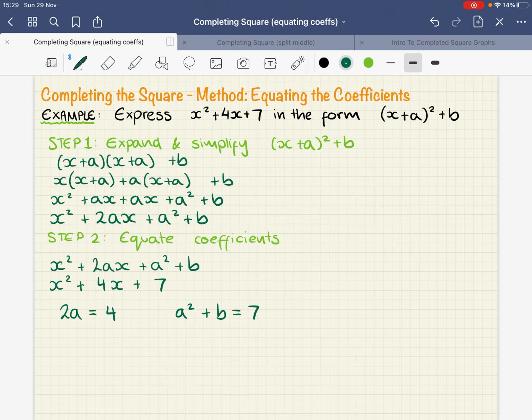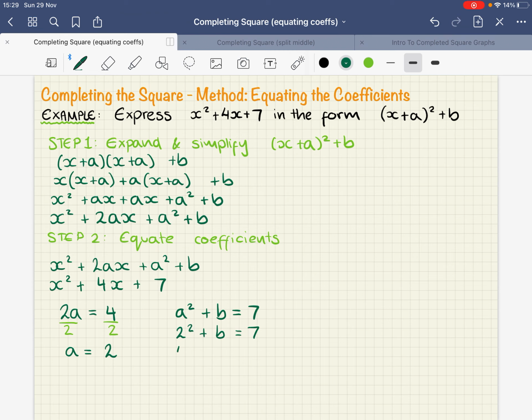Now that a squared plus b equals 7, I don't know what a is currently, I don't know what b is currently, so I can't do anything with it. But that 2a equals 4, using my knowledge of solving equations, if I just divide by 2, I can isolate the a on its own to give me a equals 2. And so I now have a value for a. And I'm going to put it into that a squared plus b. So that's going to be 2 squared plus b equals 7.